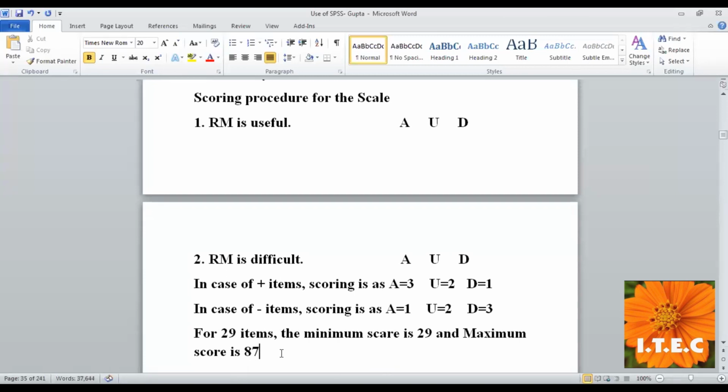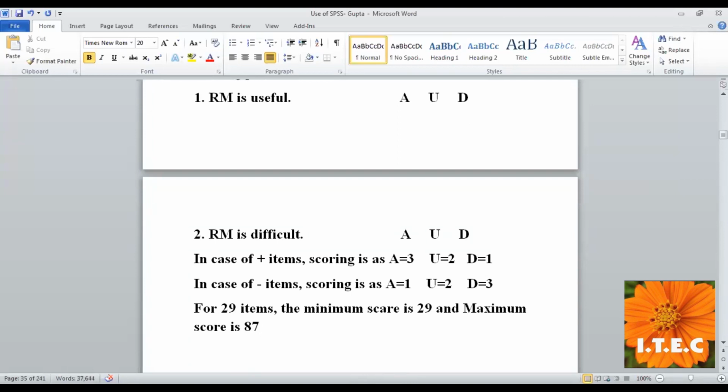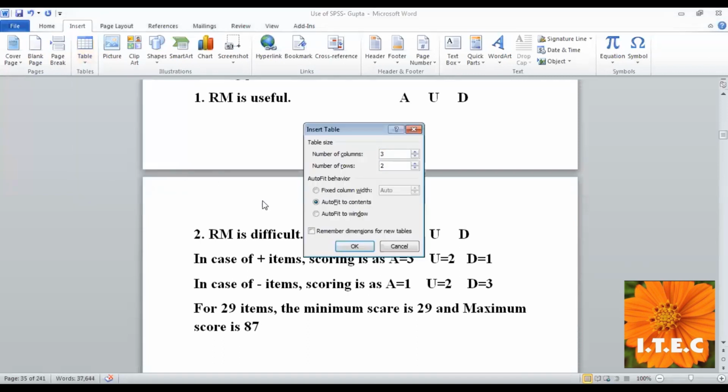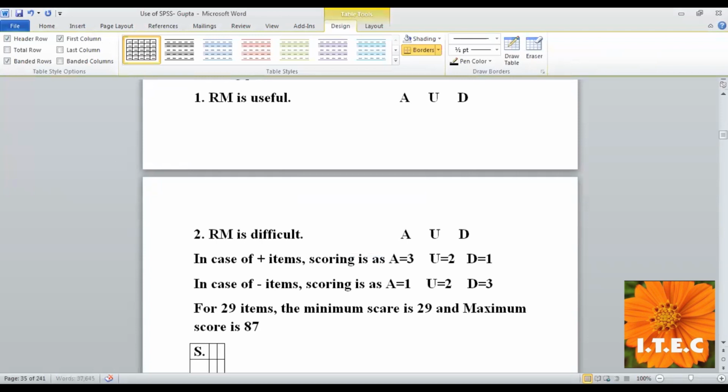Now what you can do is make a table. Say this is the serial number, this is the score.